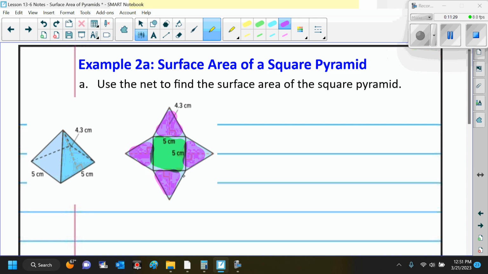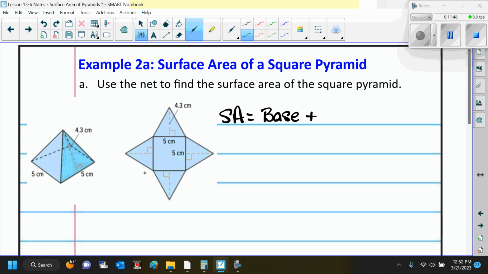They are congruent triangles. So, we can write our formula. We can say surface area is equal to the base plus the 4 lateral faces.